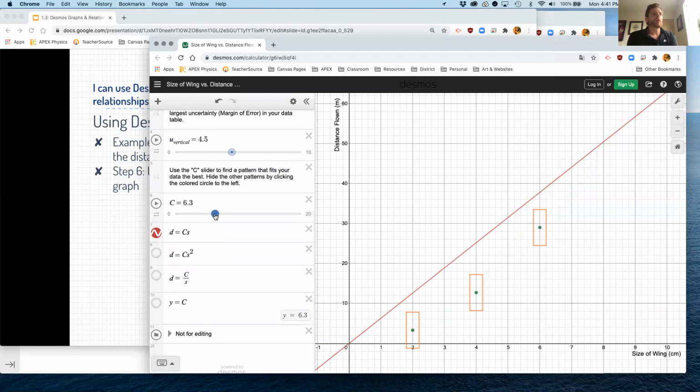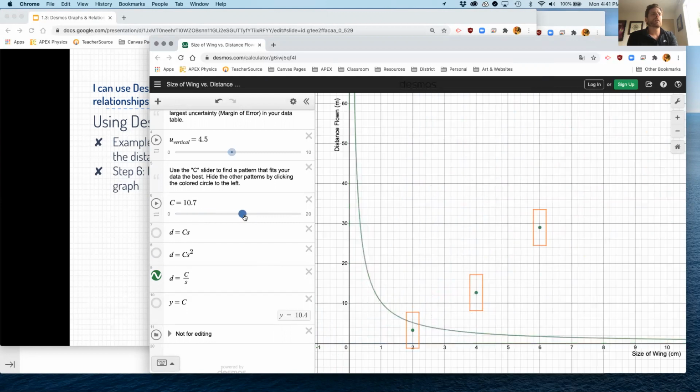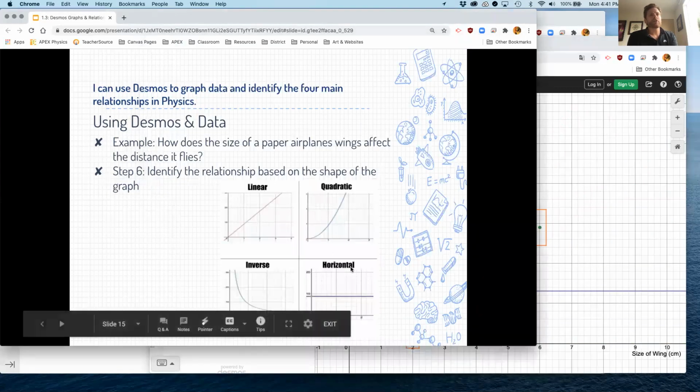And when you change the C, it changed the steepness. So this is a linear relationship. This right here is a quadratic relationship. This right here is an inverse relationship. And this right here is a horizontal relationship. Cool. Those are the four relationships.